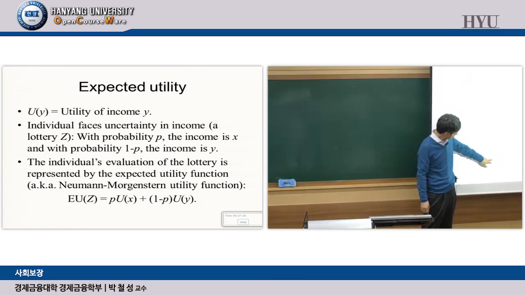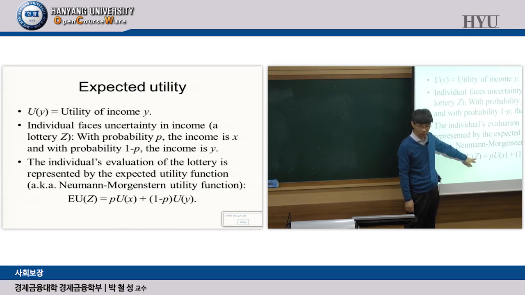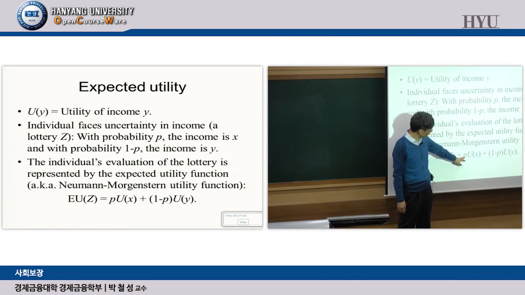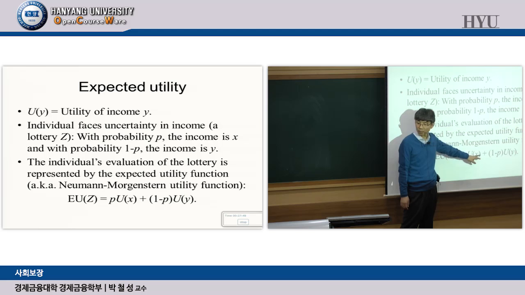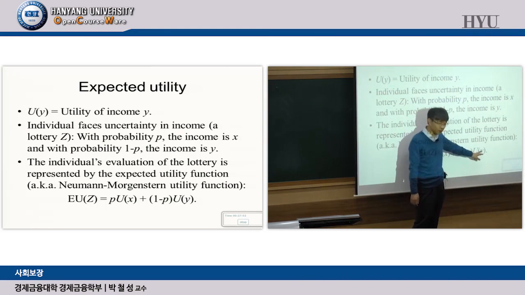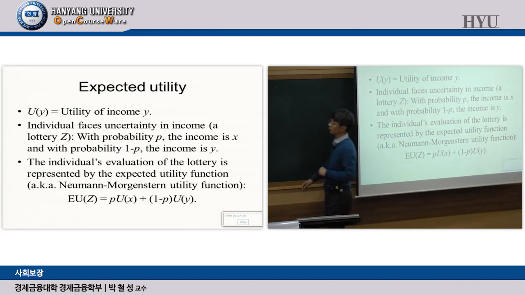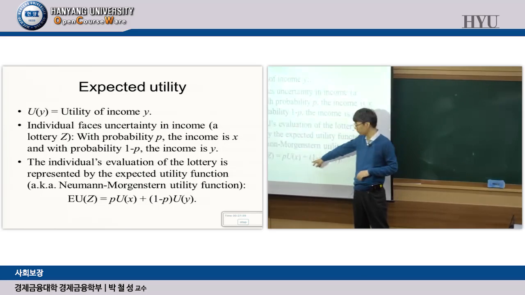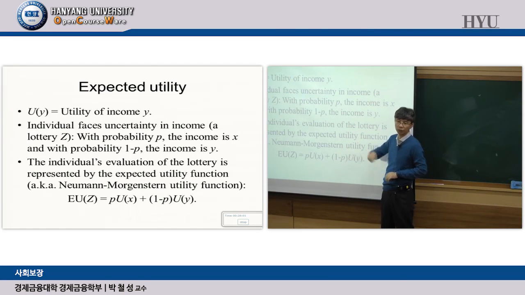The idea is this: the expected utility of the lottery that I talked about. P is the probability of getting the outcome, income X, and 1 minus P is the probability of getting the income Y. So expected utility is just P times U(X) plus 1 minus P times U(Y).